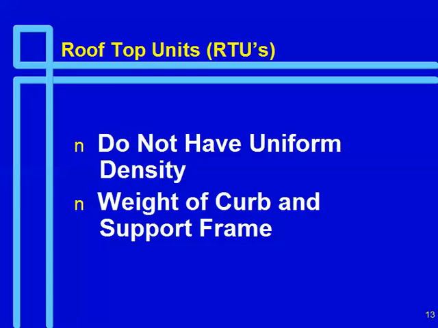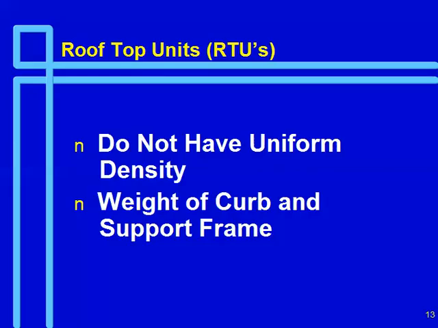I, like other young engineers that were here when I was a young engineer, used to get very particular. I would look at the rooftop unit, find the center of gravity, find the reactions at the 4 points so I could design my support beams properly. Those days are gone for me.